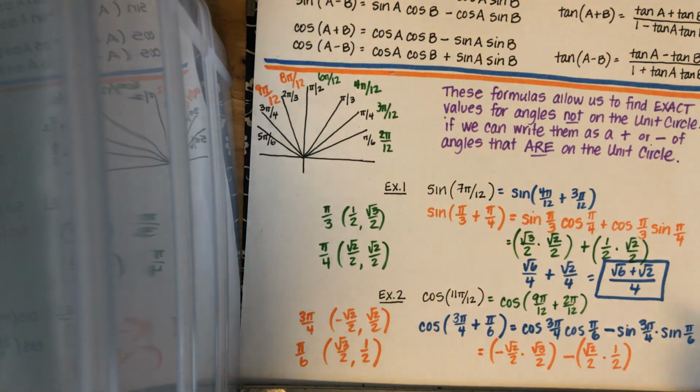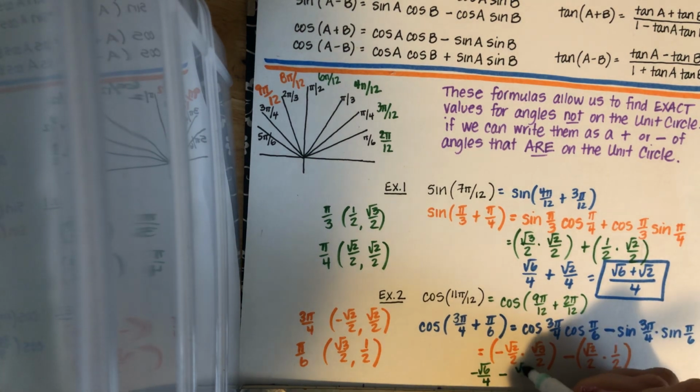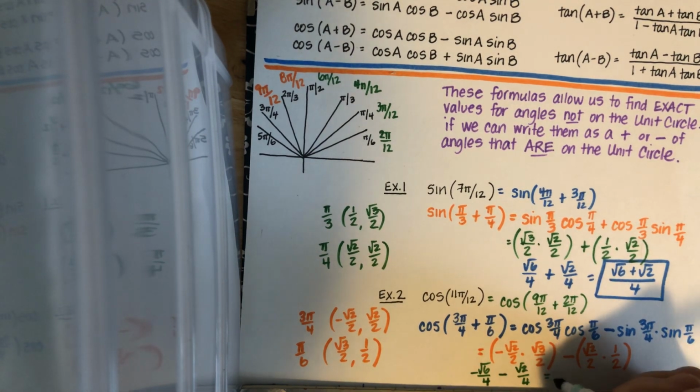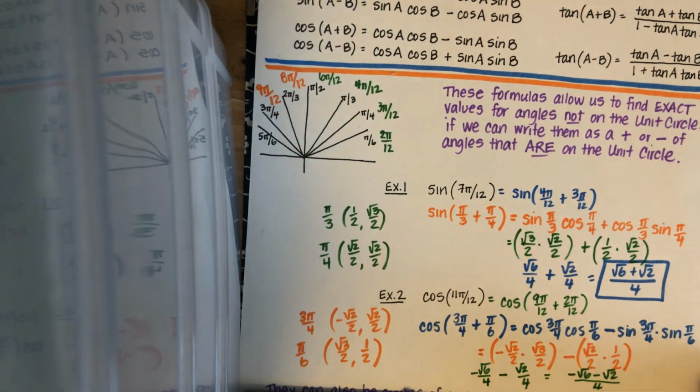Let's go back to green. This is going to be negative root 6 over 4, and then minus root 2 over 4. So we can write that as one fraction: negative root 6 minus root 2, all over 4. And that's our final answer.